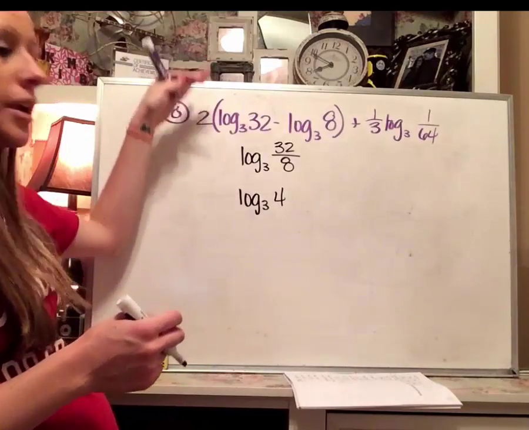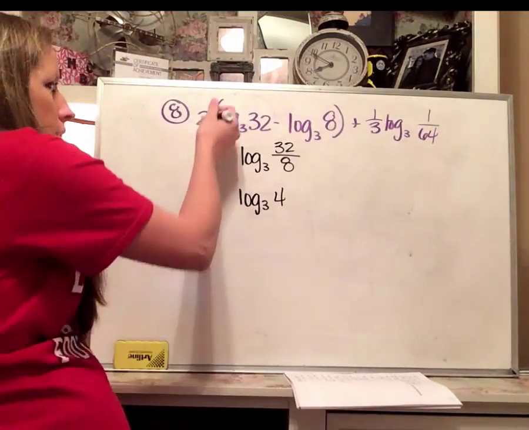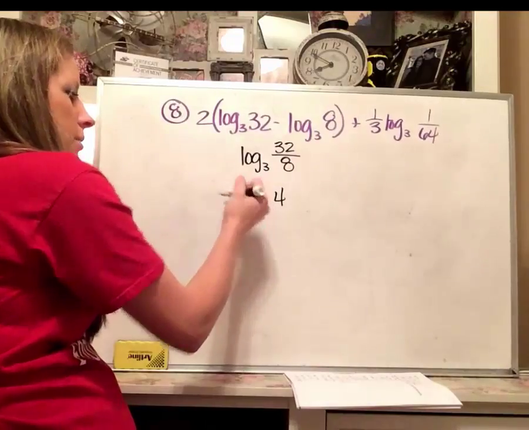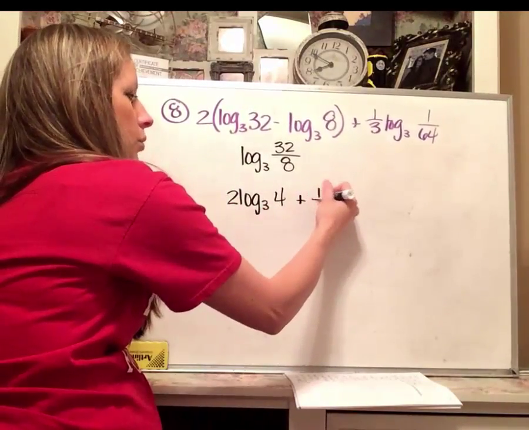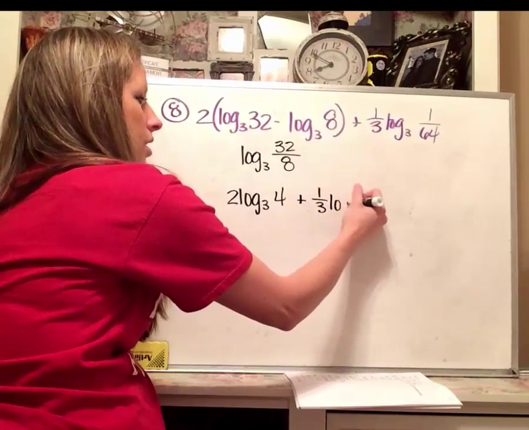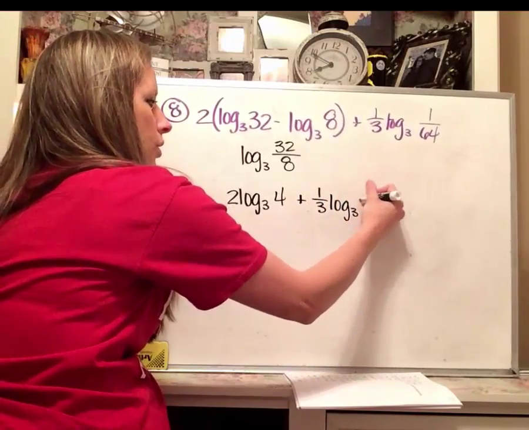Now, I'm going to bring everything else down. So the 2 in front, I'm going to keep it in front. And then at the end, we have plus 1/3 log base 3 of 1 over 64.